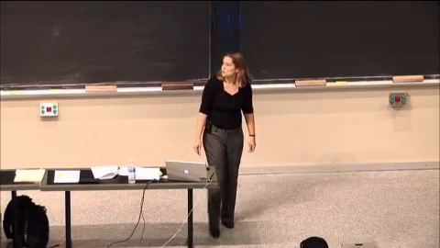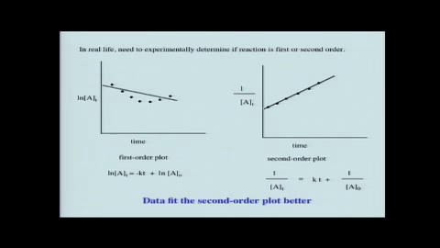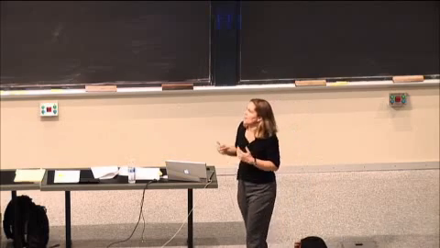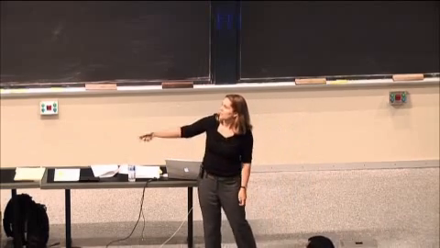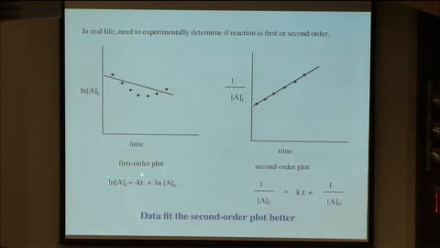So again, chemistry is experimental. And so what you would be doing in a lab, you would be trying to figure out what the order of the reaction is. And so you could try out your data. You say, I don't know if it's first or second order. So for a first order plot, you're going to be plotting the natural log of your concentrations versus time. And if second order, you plot 1 over the concentration versus time.